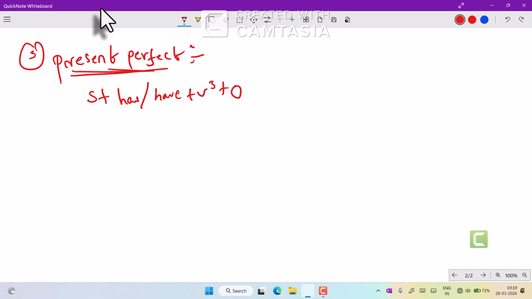Why am I adding V3? V3, the past participle, because it is perfect, nothing but an action completed. We discussed in class that when an action is completed, it is always in the past participle. Now in passive: object plus have or has plus been plus V3.